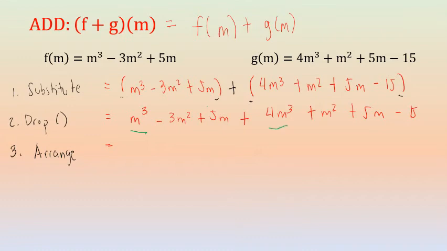That is the highest exponent. So, let's arrange. We now have m cube, then plus 4m cube, followed by yung square. Tama? So negative 3m squared plus m squared, followed by m. May dalawa tayong m. Plus 5m, plus 5m, and minus 15. Yung constant natin.